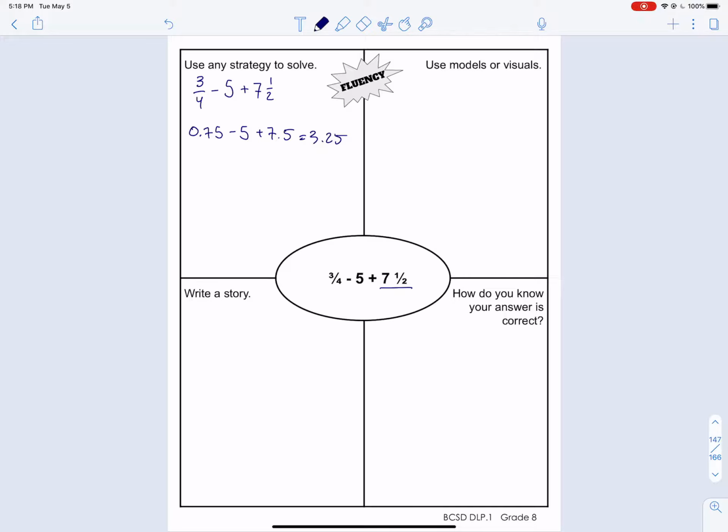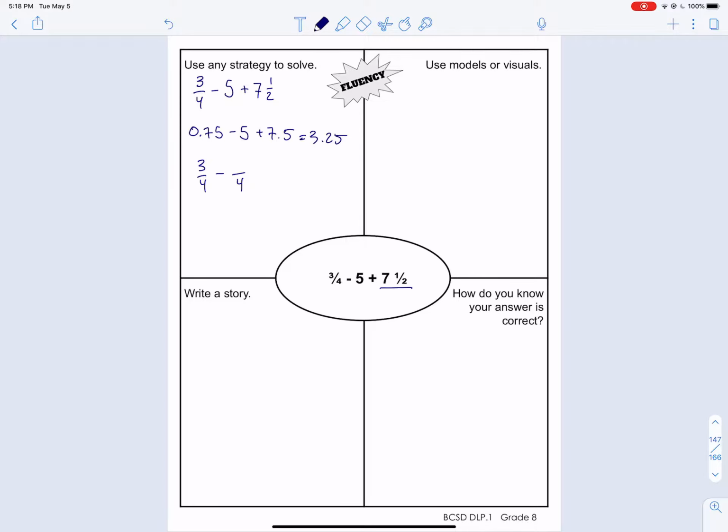Let's see if we can do it without using a calculator, rewriting them as the same type of number. We're going to have to use fractions. So that would be 3 over 4. Then we need to write 5 as a fraction with a 4 in the denominator. We need common denominators in order to combine fractions.